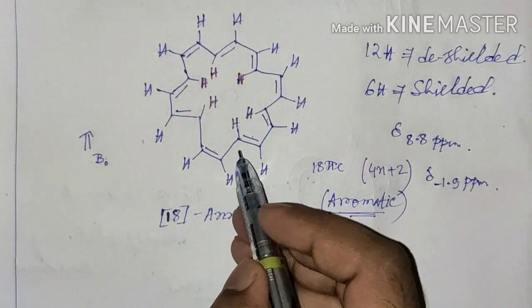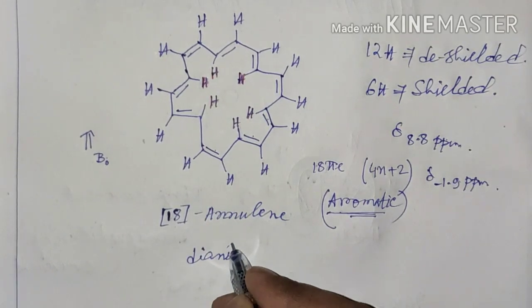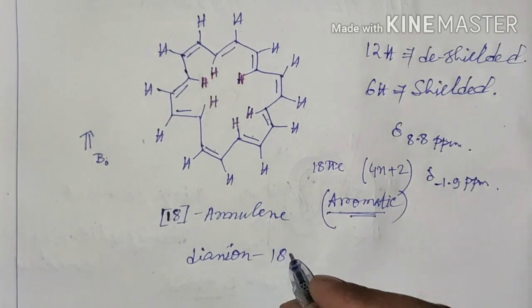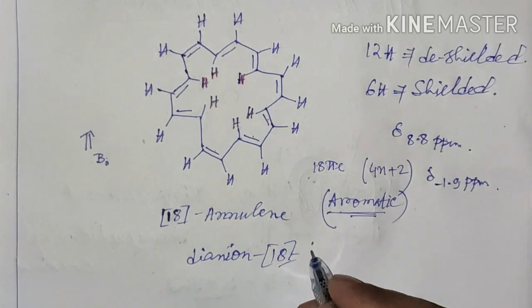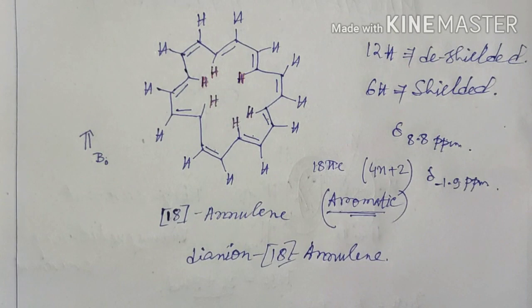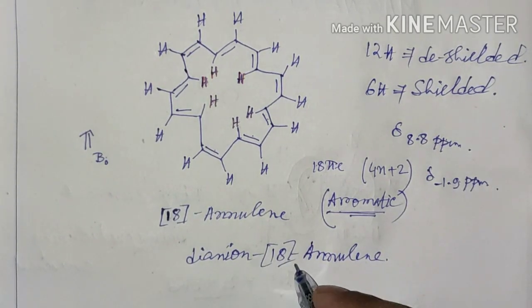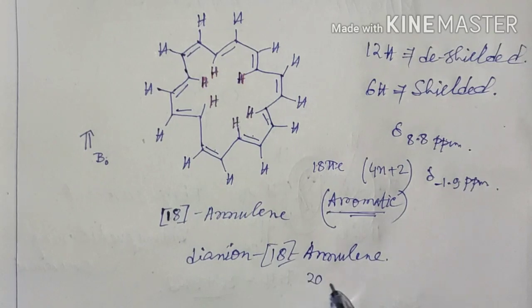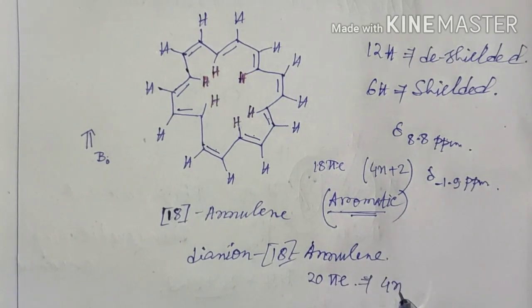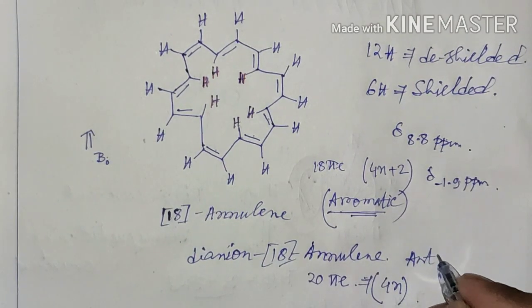Now if we take the dianion of [18]annulene, we will see that the system will become anti-aromatic, since it will then be a 20 pi electron system, and it will follow the 4n rule, that is anti-aromatic.